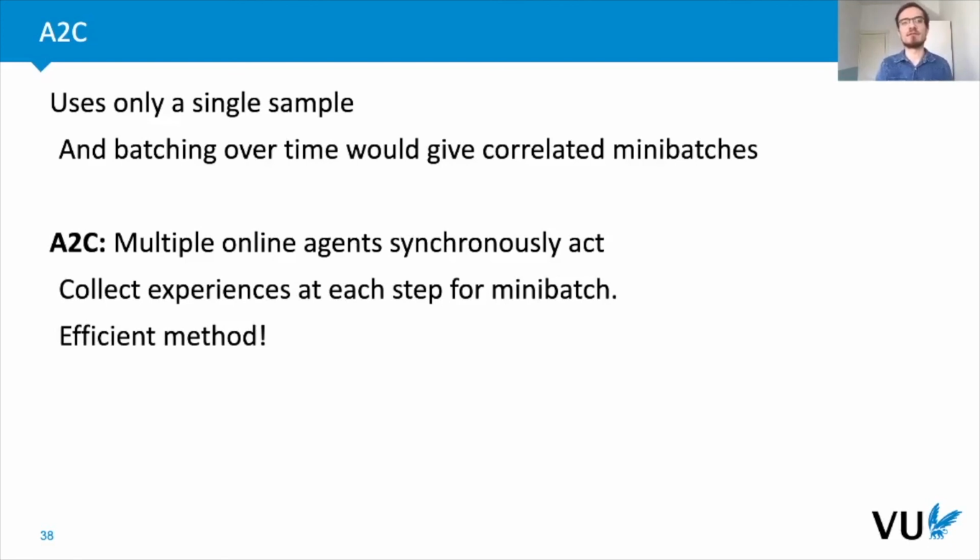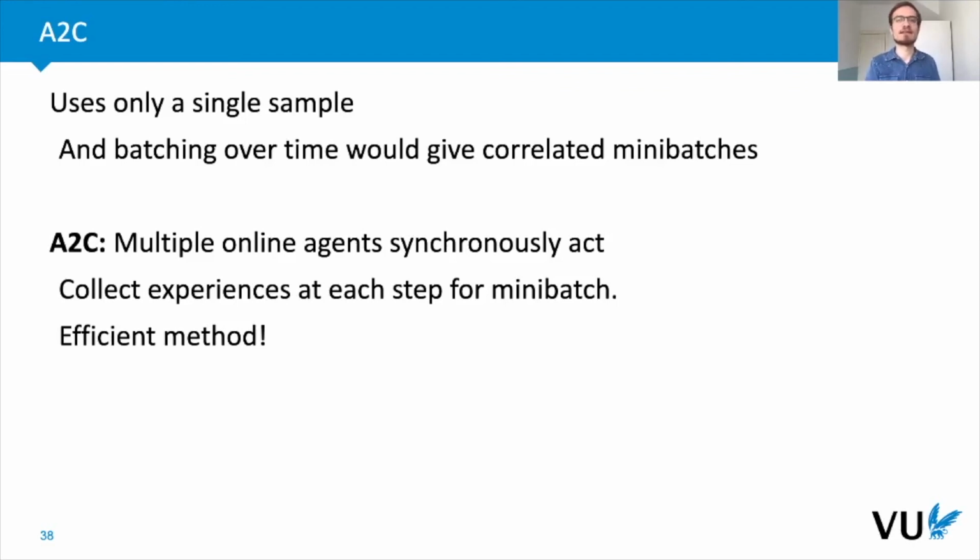Recall that in machine learning you always need to update based on independent and identically distributed, IID, data or IID mini batches. But if you collect batches over time, then they're going to be correlated. And in fact, it's going to be so correlated that you can't really properly train it.